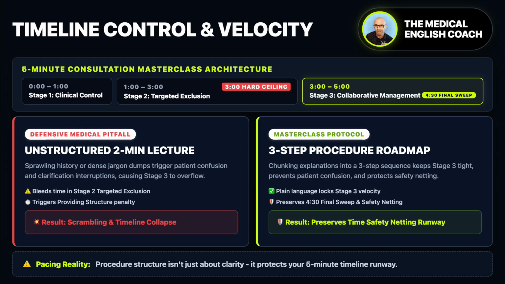Conversely, our masterclass protocol, the 3-step procedure roadmap, chunking explanations into a 3-step sequence, keeps stage 3 tight, prevents patient confusion, and locks stage 3 velocity. This preserves your final sweep and protects your safety netting. This procedure structure isn't just about clarity, it protects your 5-minute timeline runway.